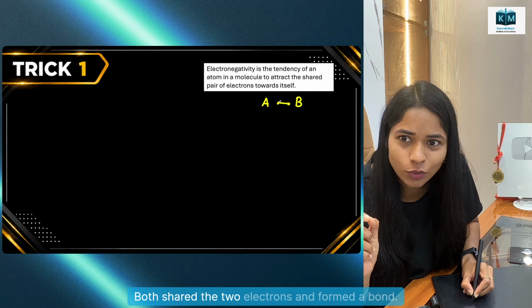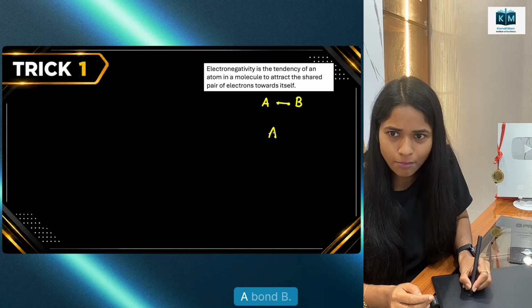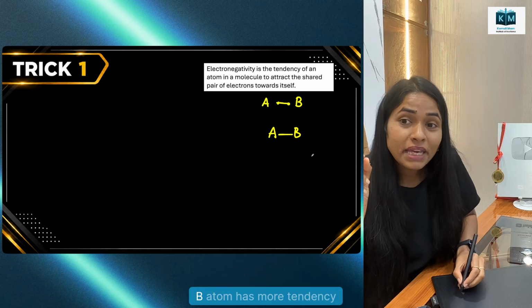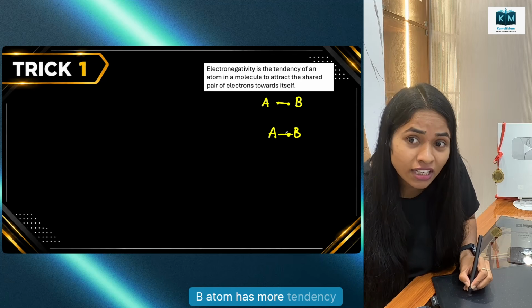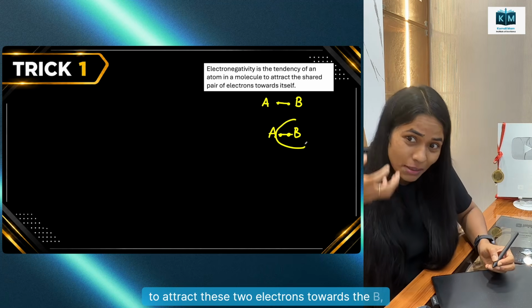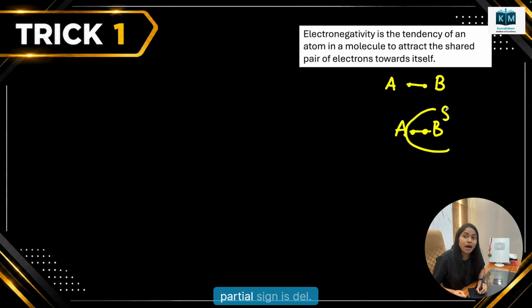Both shared the 2 electrons and formed a bond, A-B. Now, if the B atom has more tendency to attract these 2 electrons towards B, then B gets which charge, students? Partial negative, delta negative. A gets a partial positive.